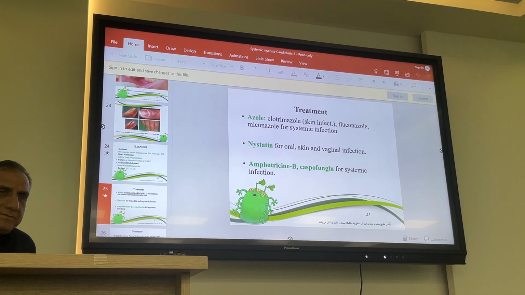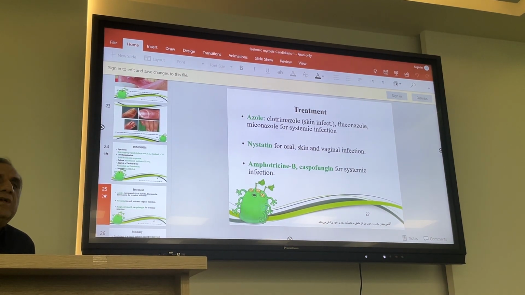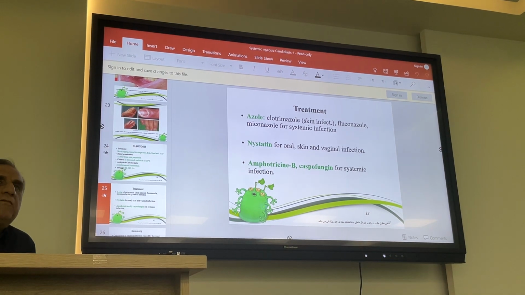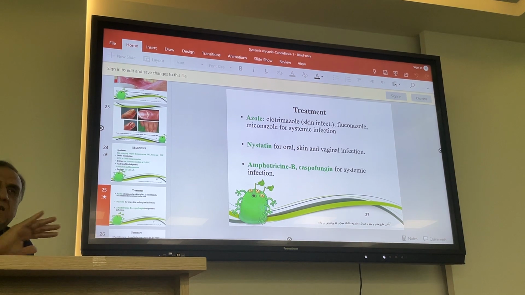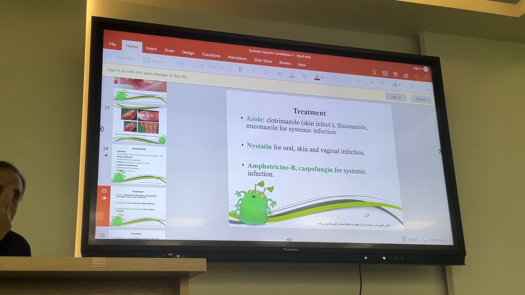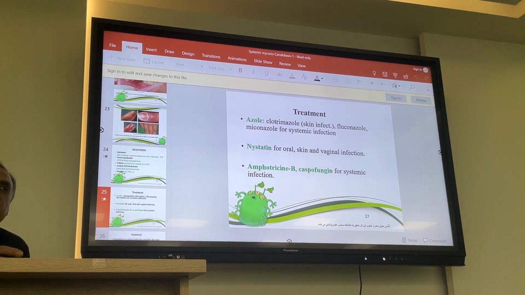One question: can we use nystatin for treatment of duodenal infection by Candida or GI tract infection, except oral? For example, in the stomach, in the intestine, can we use nystatin?